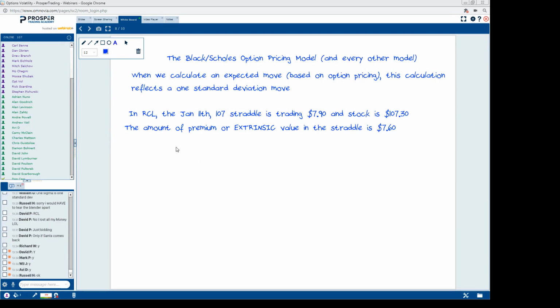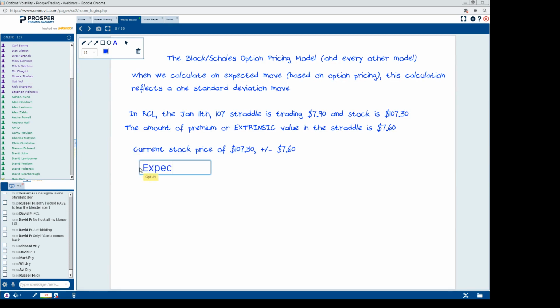So what the market is then pricing in right now, David and everybody, is if we take the current stock price of 107.30 and we add and subtract $7.60, we're going to get that expected range between now and January 11th.